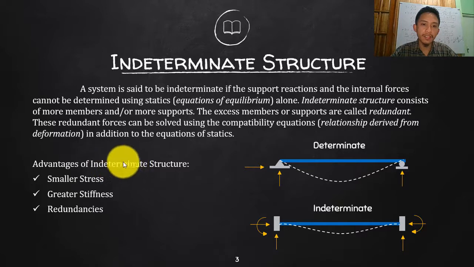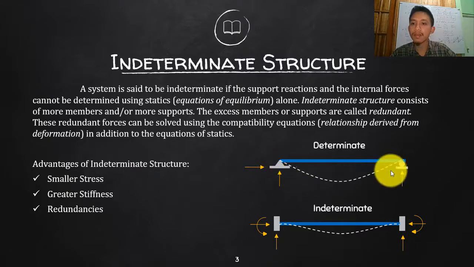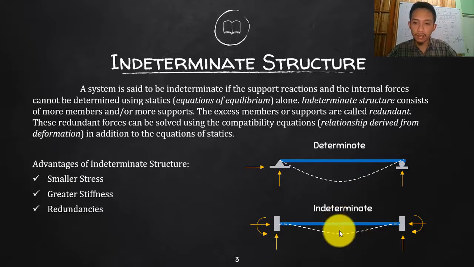An indeterminate structure shows less deformation than a determinate one. Just look at this example: a beam with no moment to resist will give us a bigger deflection compared to a beam that is secured by fixing both ends, which will just give us a small deflection. So that is another advantage of indeterminate structures over determinate.